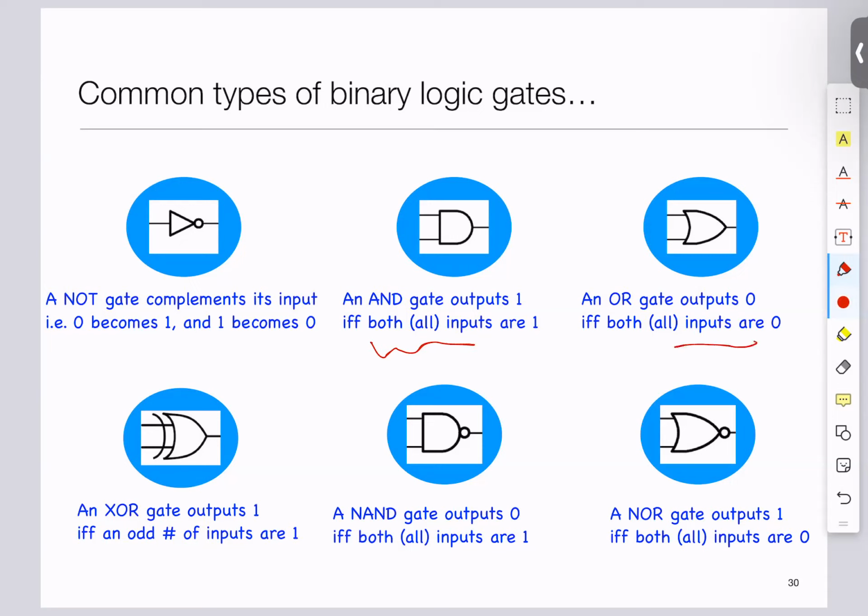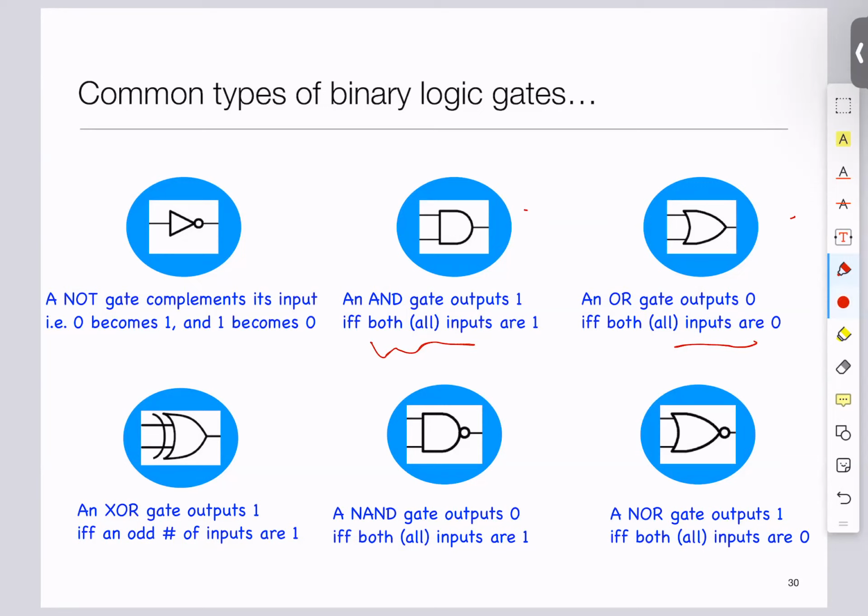OR: if either or both the inputs are 1, output is 1, output is 0 only if both inputs are 0. AND would be high 25% of the time if the inputs have equal probabilities of zeros and ones, OR would be high 75% of the time, again given equal probability distribution.